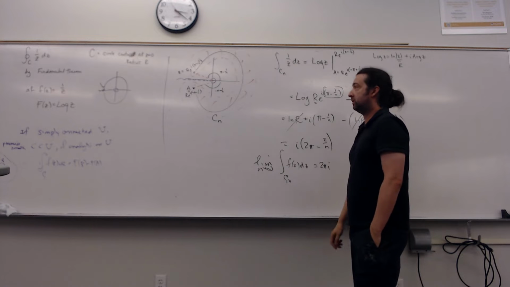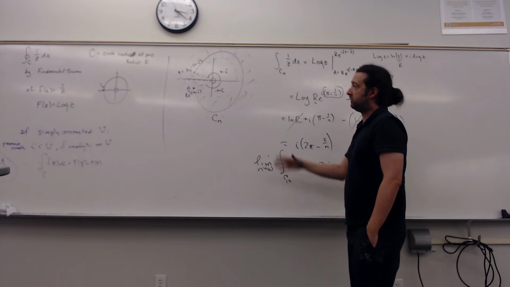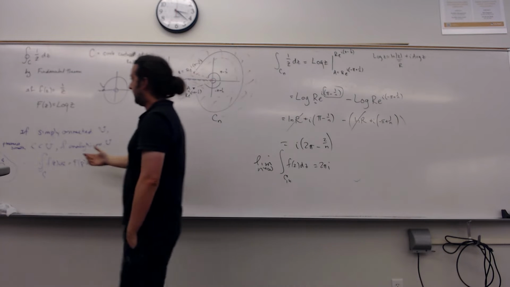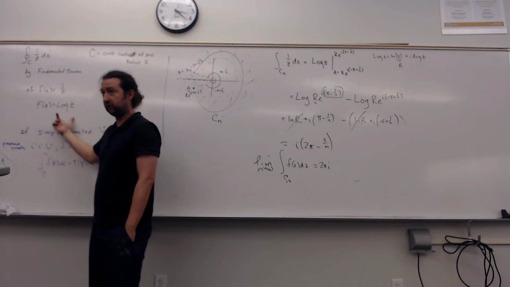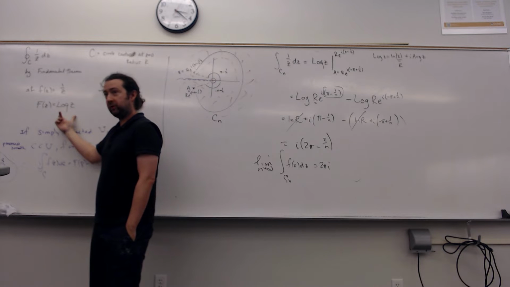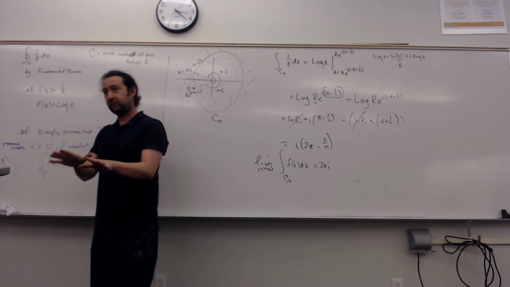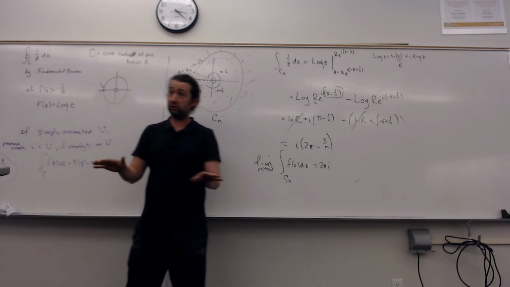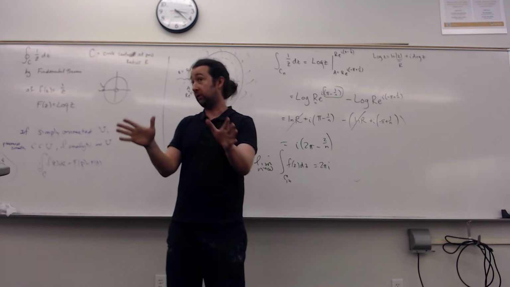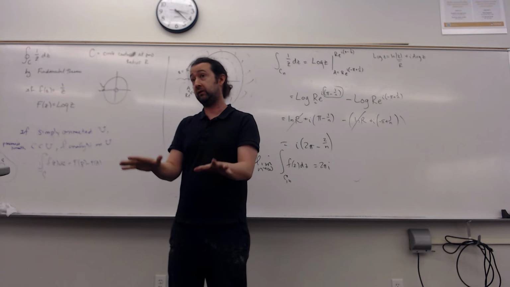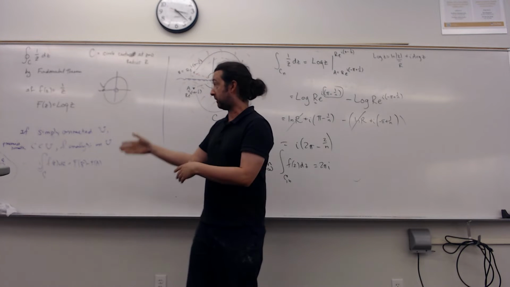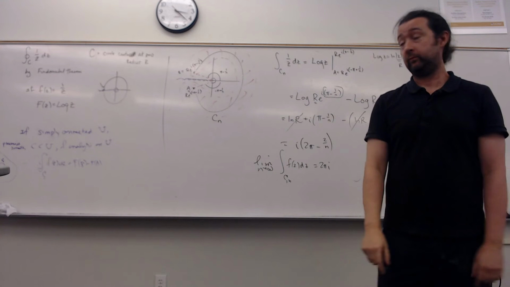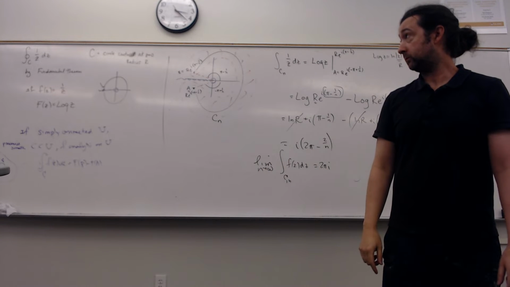So implicitly in what I've done here, as soon as I calculate an antiderivative of 1 over z, it is log z, but you have to select a branch of the log before you get started with that. Every time you use the logarithm at all, you are automatically choosing implicitly a range of angles that it's going to take on. Right? So that's part of the choice that you're making when you set this up. Other questions?